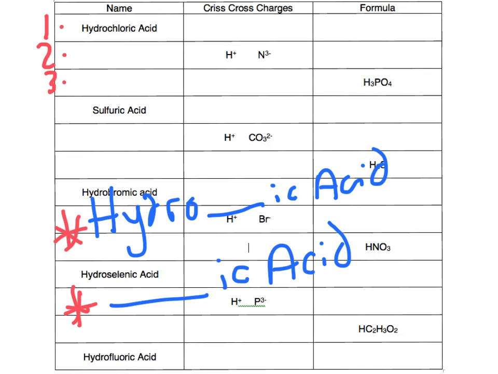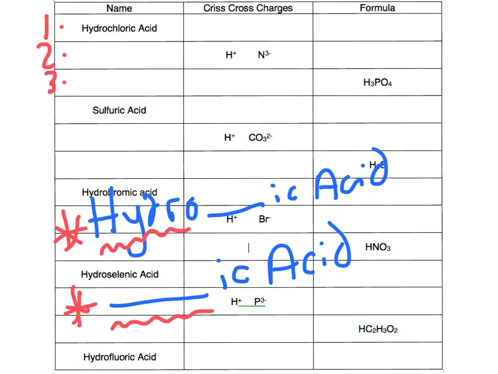So, the word hydro is our big key here. Anytime you see hydro, that means that it is a simple anion that we are pairing up our H+ with, directly from the periodic table. So I have to make sure that I have my charges on the periodic table memorized in my head. Okay, if you see something that starts with something other than hydro, that means it's going to be one of the ions that we memorized.